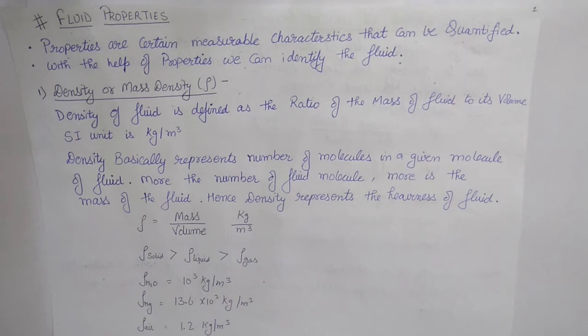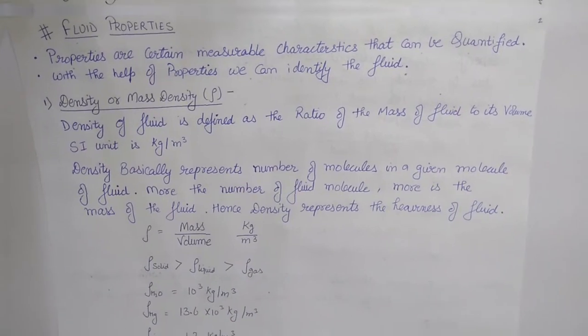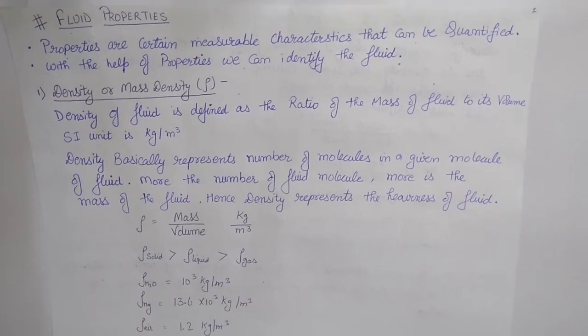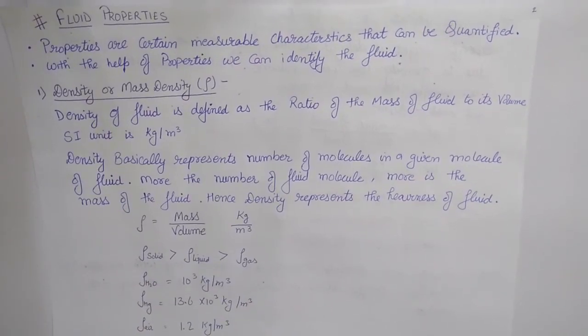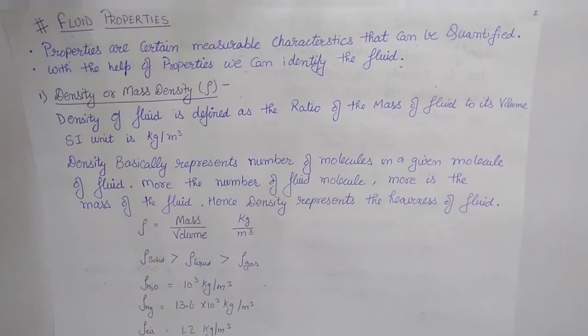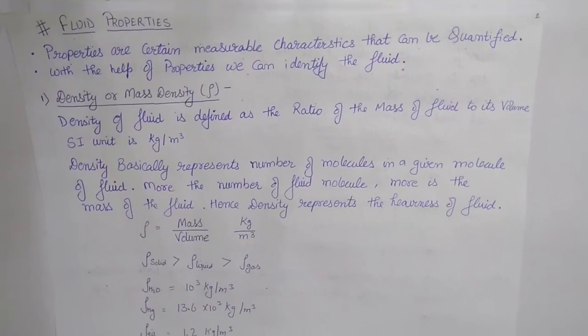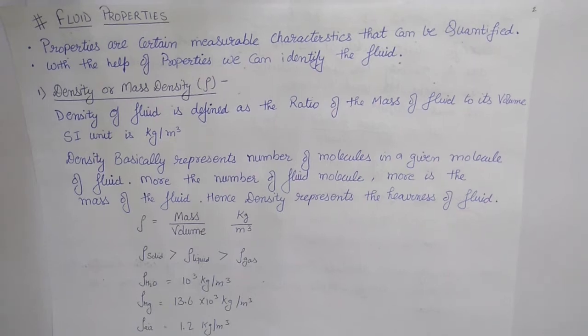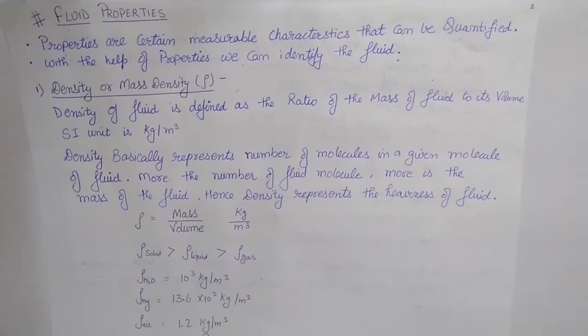SI unit of density is kg per meter cube. Density basically represents the number of molecules in a given volume of fluid. The more fluid molecules, the more the mass of the fluid. Hence, density represents the heaviness of the fluid, where rho is equal to mass upon volume.